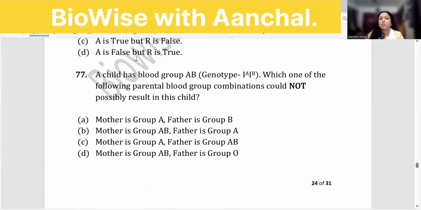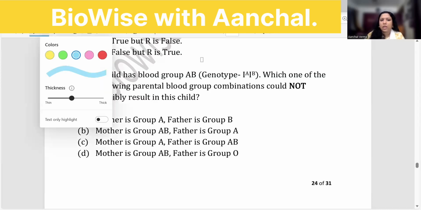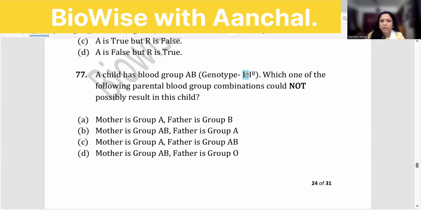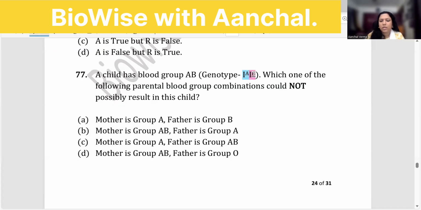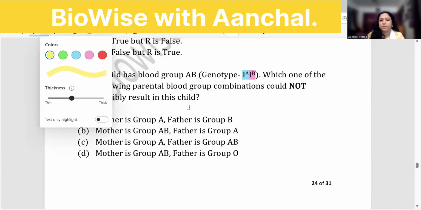A child has blood group AB. The genotype is given. That means these two alleles, one is from the father and one is from the mother. So let us assume, I'm just assuming, okay, so you can see that none of the parents can be basically the O blood group.